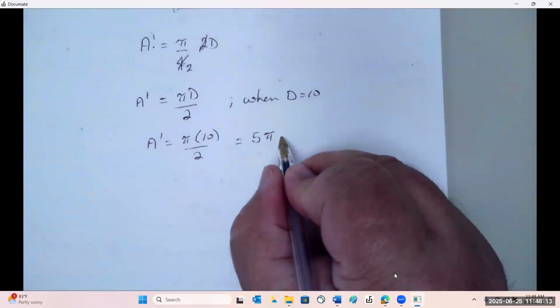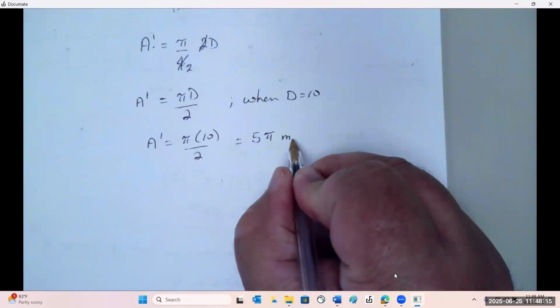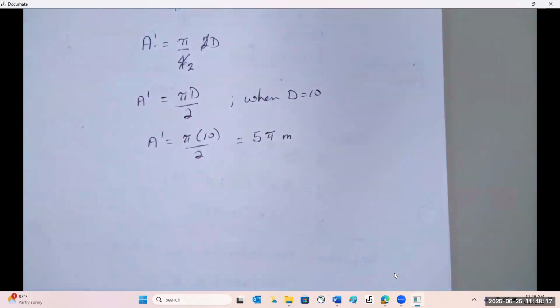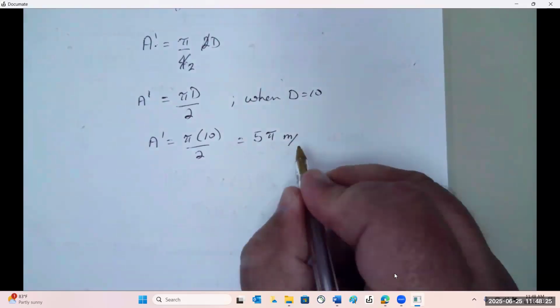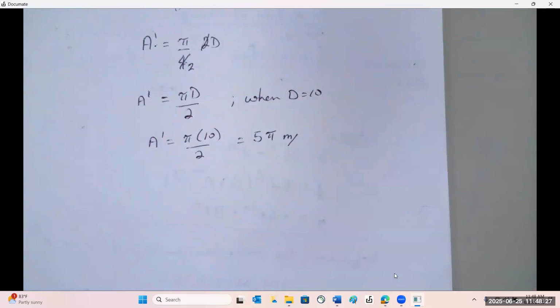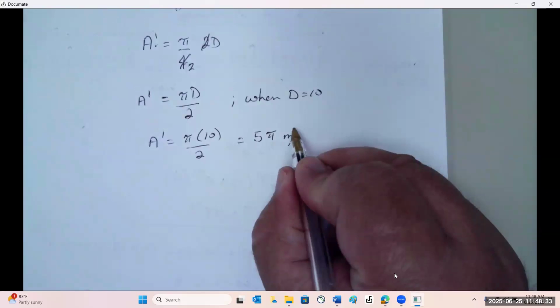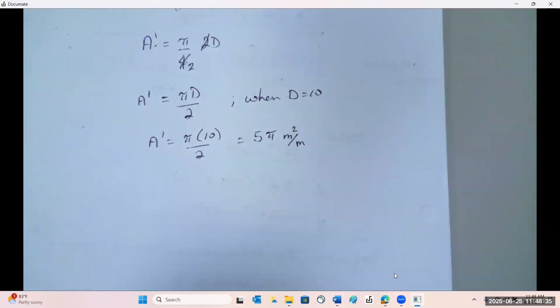5 pi meters. Meters what? Because it's the rate of change. What's changing? Area per meter of diameter.